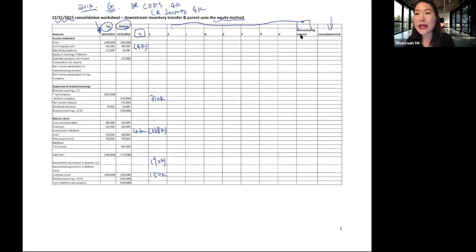So after 1 year, which is year 2014, the remaining difference between fair and book value becomes 47,500. So we mark up the database by 47,500.